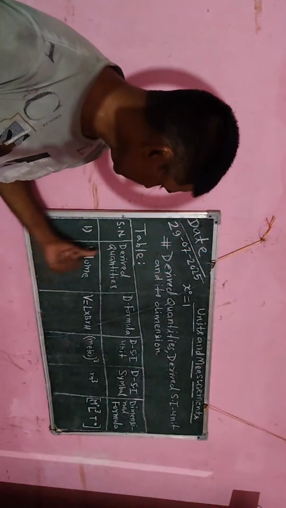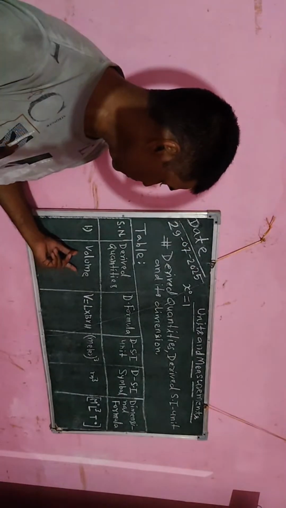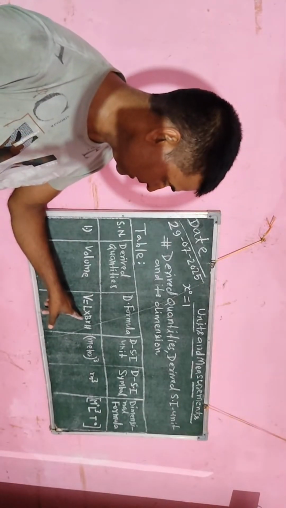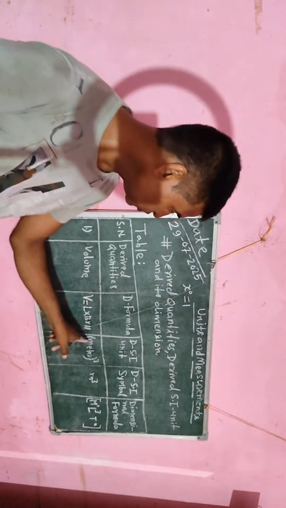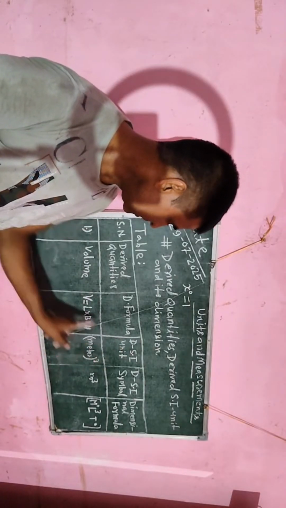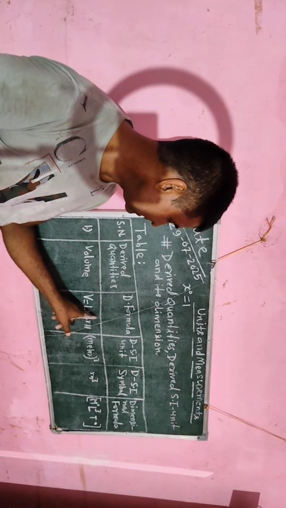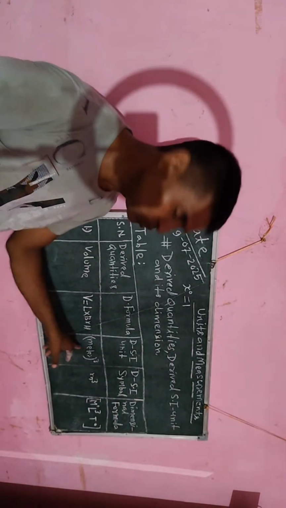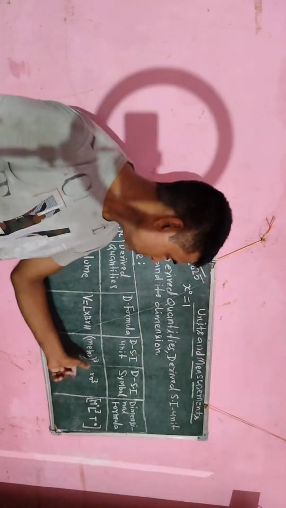So this is the derived quantity, and here I have taken the volume of a container which has length L, breadth B and height H, all calculated in meters. So its derived SI unit will be meter cube, because length, breadth and height are each calculated in meter. So meter into meter into meter, meter to the power 3. Now its symbol will be m, with power 3.